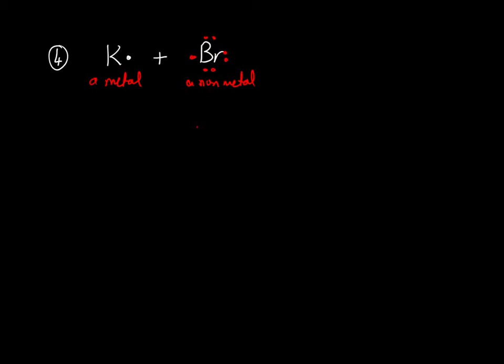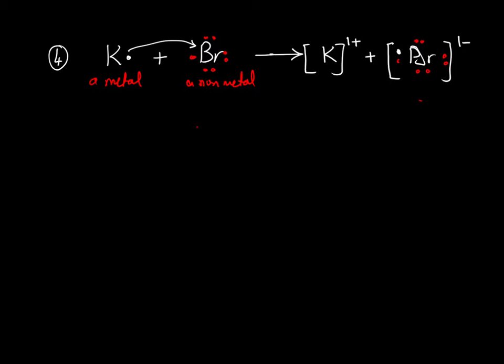How will the bond be formed? Via making ions. Potassium will lose its electron, making an ion with a charge 1 plus. Br will gain this electron, making an ion with minus 1 charge.